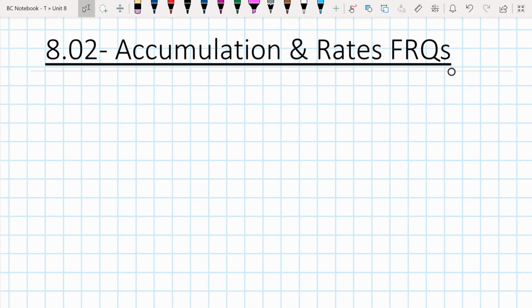The second type of FRQ we're going to see are accumulation and rates FRQ. Before we go through two examples, let's do just an overview.